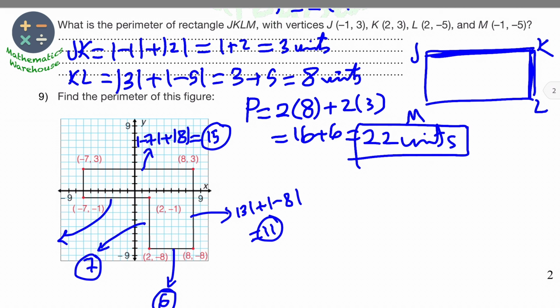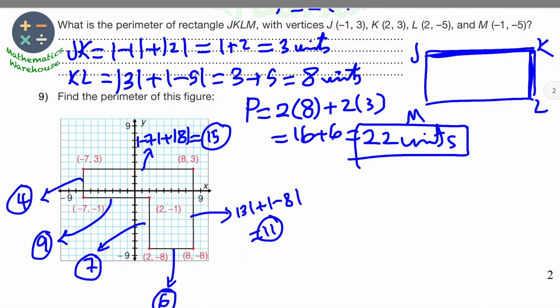And here we have the change in x coordinate. They have different signs, so we're gonna add their absolute values. The absolute value of -7 plus the absolute value of 2, which is 7 plus 2 equals 9. For this side, we have the change in y coordinate, and they have different signs, so we're gonna add their absolute values. So the absolute value of 3 plus the absolute value of -1, which is 4.